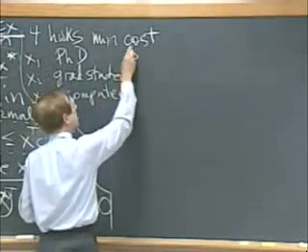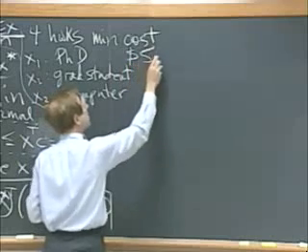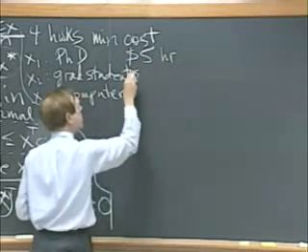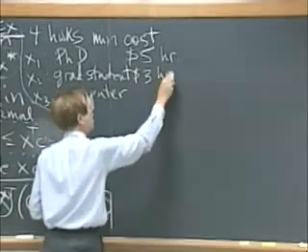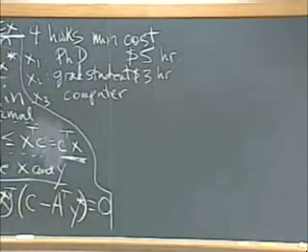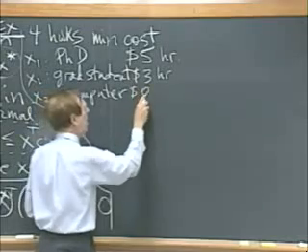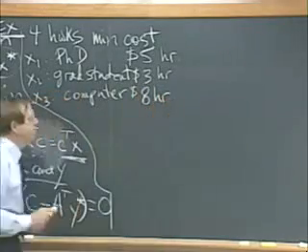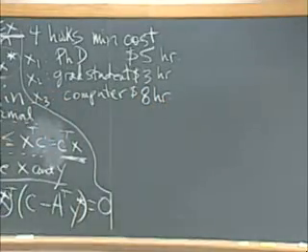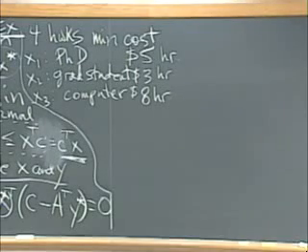So the cost is $5 an hour for the PhD, $3 an hour for the grad student. Well, that's unrealistically large, most grad students would say. And $8 an hour for the computer. And then, how fast can they solve the problems is another question.